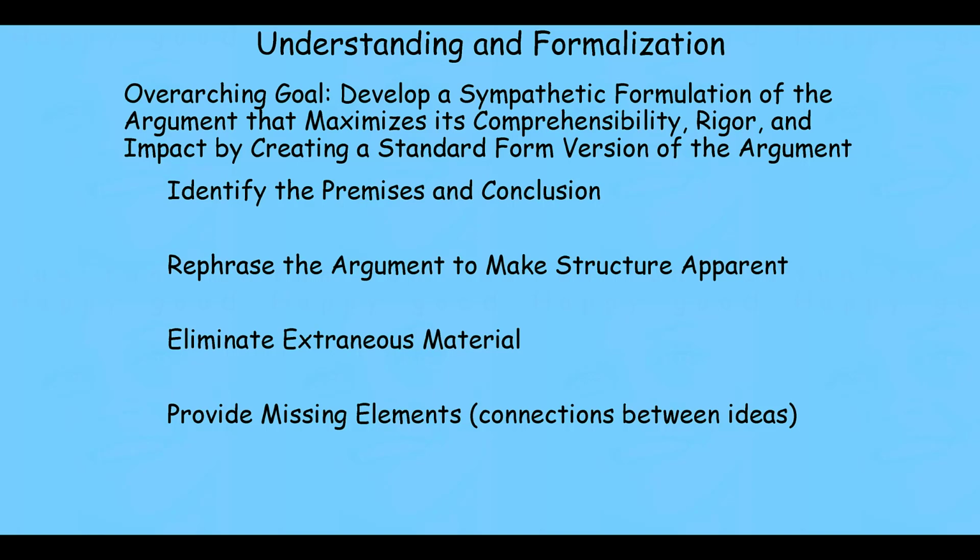And so in these cases, we want to only add information when it's clear that the arguer would have acknowledged the truth of that addition, and when that addition provides important connections within the argument. In other cases, even if we're tempted to add information to an argument, we should probably resist that temptation so that we come up with that maximally comprehensible, rigorous, and impactful version of our argument in our standard form iteration.